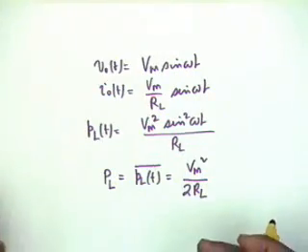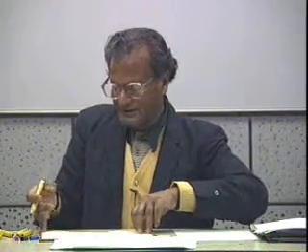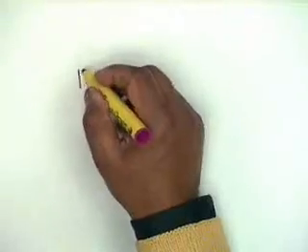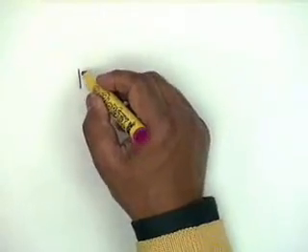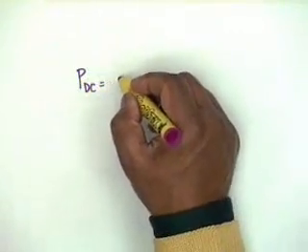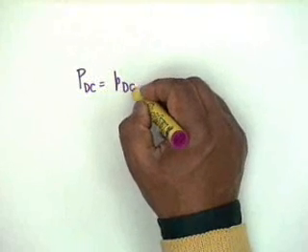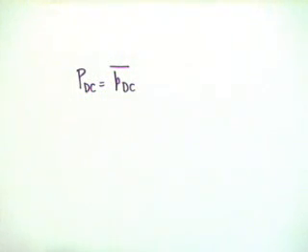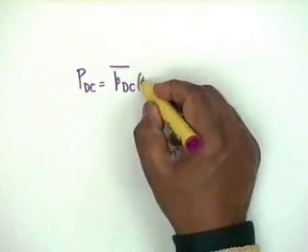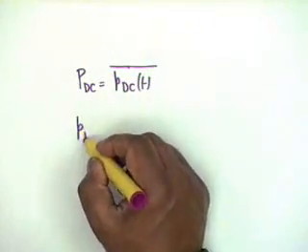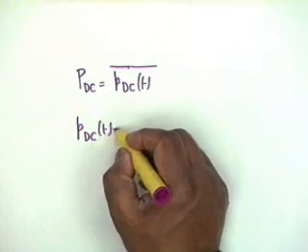Okay. Now, what about the DC power supply power, PDC, which is equal to small PDC average? Let's see what small PDC(t) is.